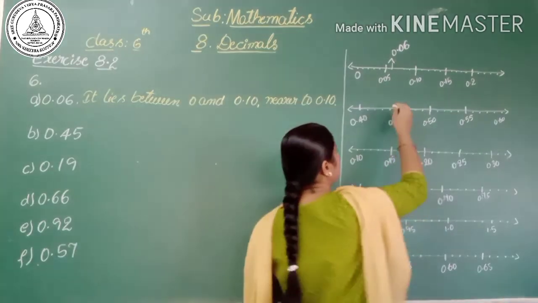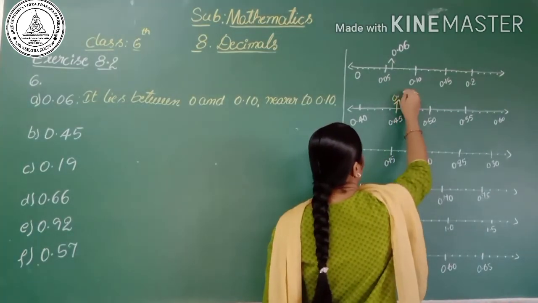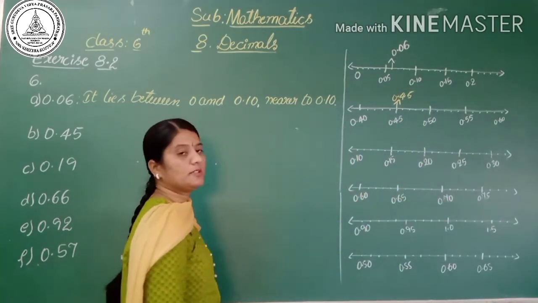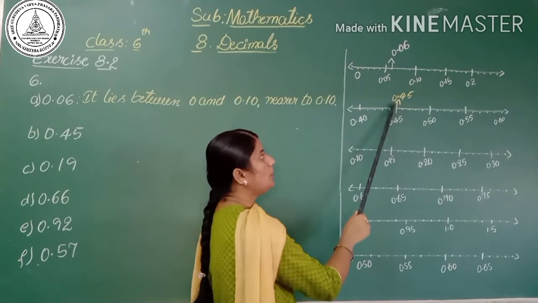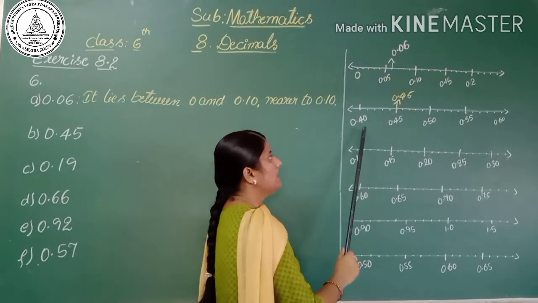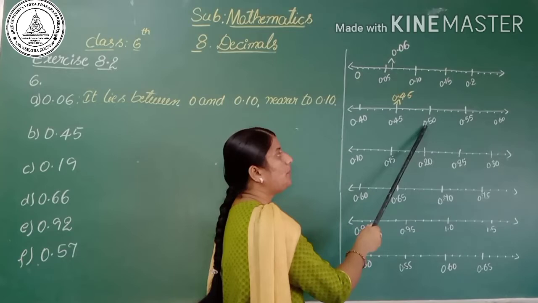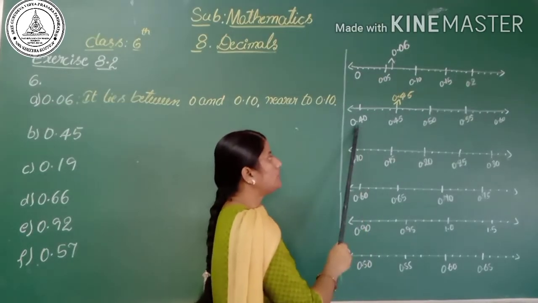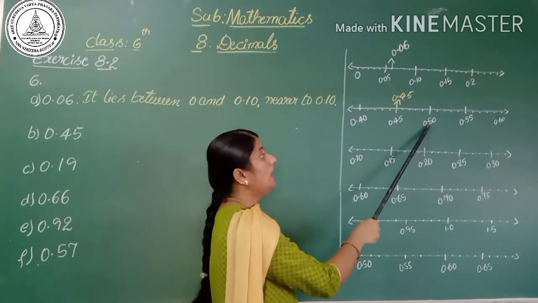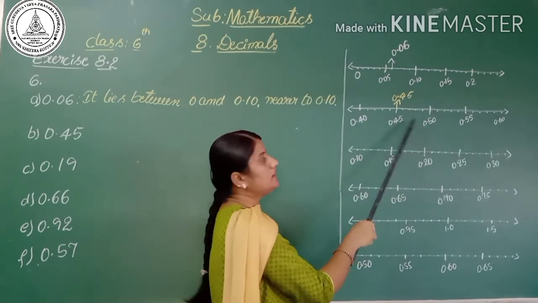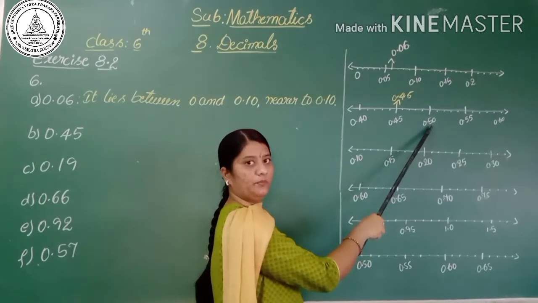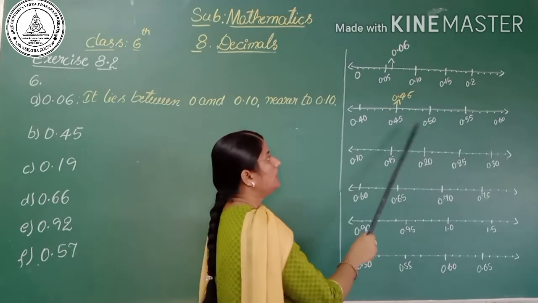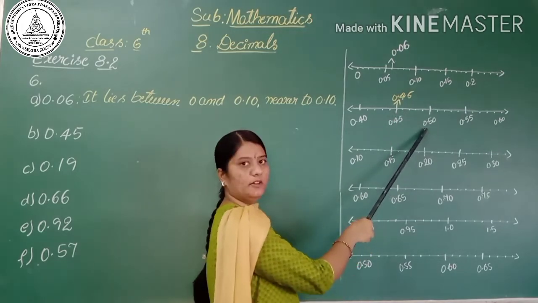Now the number 0.45 lies between 0.40 and 0.50, and this number is nearer to 0.50.